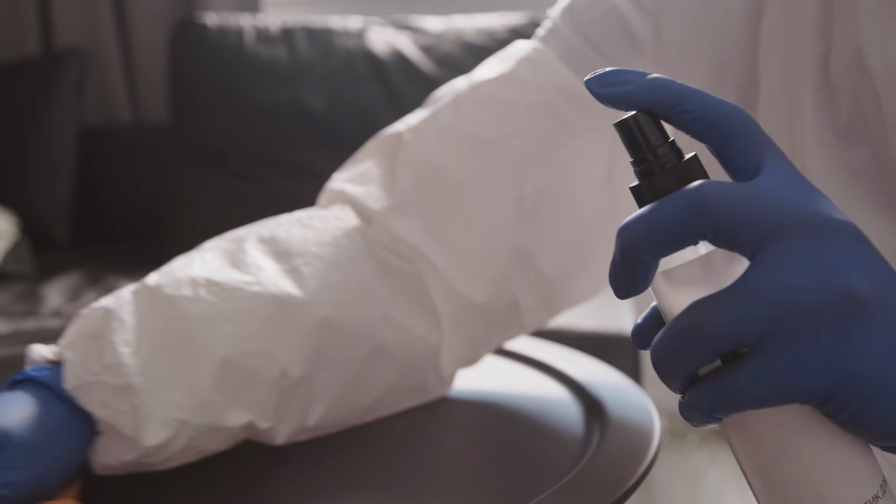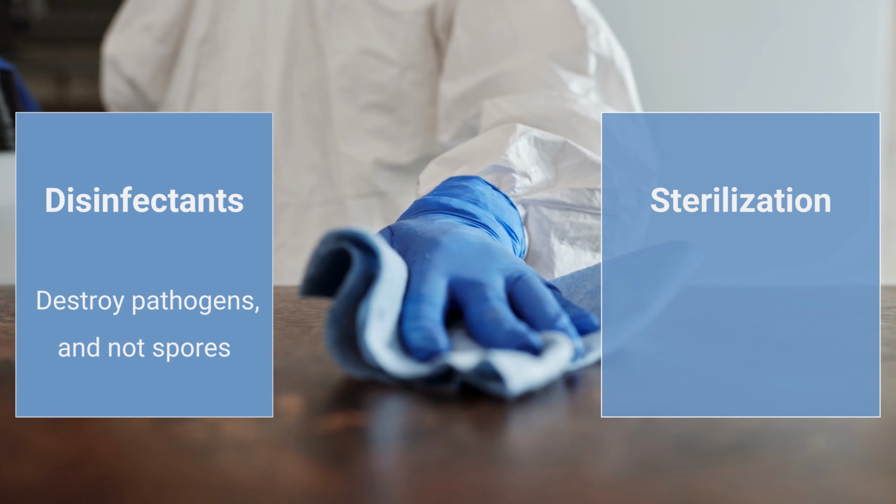But it's not sterilized. Sterilization is the highest form of infection control, because this also removes the spores. So if you saw my other videos, you'll also know that I said the S is for spores. So sterilization is for spores. Sterilization, yes, also destroys the pathogens, but it also destroys the spores.